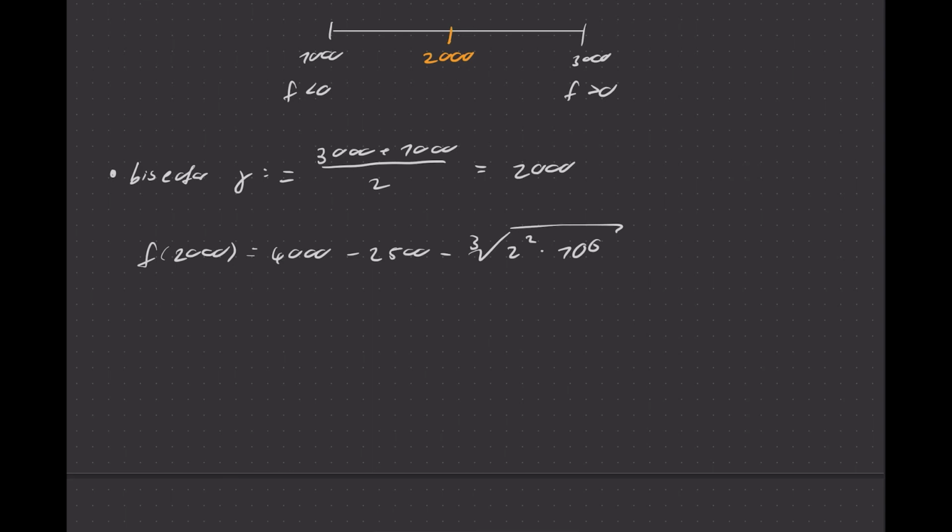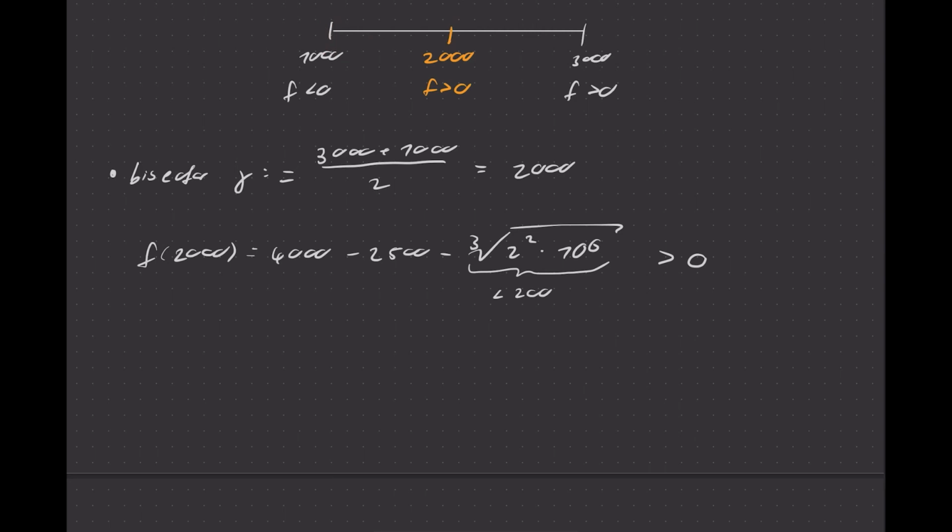And again, with the same arguments as before, this here is now a little less than 200. So we can be sure that it's still greater than 0. We don't even have to compute the actual value. We just need to know the sign of that expression. So here, f is greater than 0 here. And that means we can be sure there is a root in this left part of the interval.